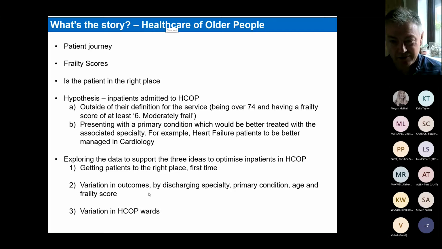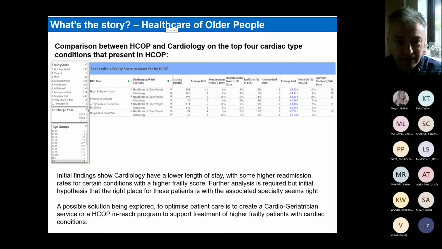We looked at variation in outcomes by discharging specialty, primary condition, age, and the frailty score. And we looked at variation of different wards within the service. Again, a different dashboard, but basically what this dashboard is showing is for these 4 different HRGs, heart failure or shock, syncope or collapse, arrhythmia or conduction disorders, and unspecified chest pain, the average length of stay in HCOP is 11 days, and in cardiology it's 9 days.